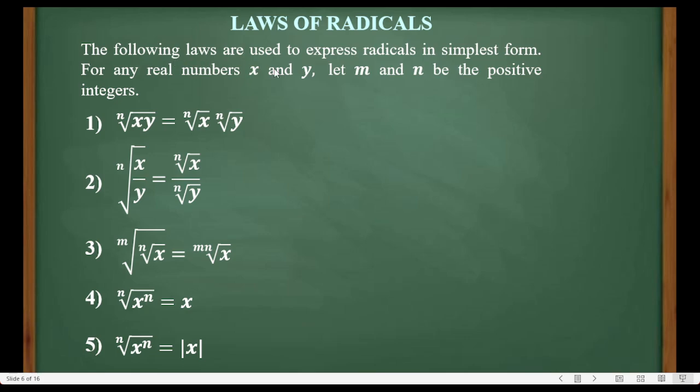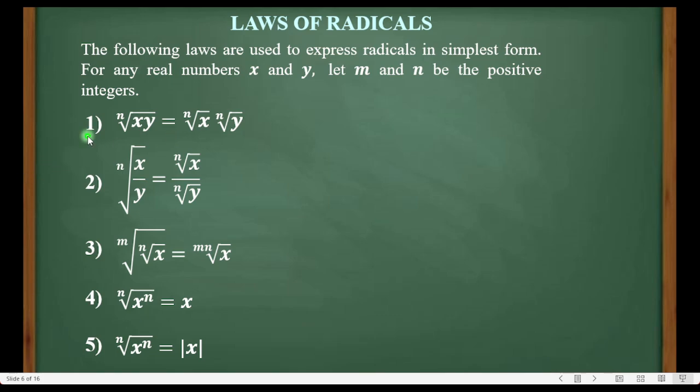Now, these laws are used to express radicals in simplest form. So for any real numbers represented by x and y, and m and n representing positive integers, we have the following laws.